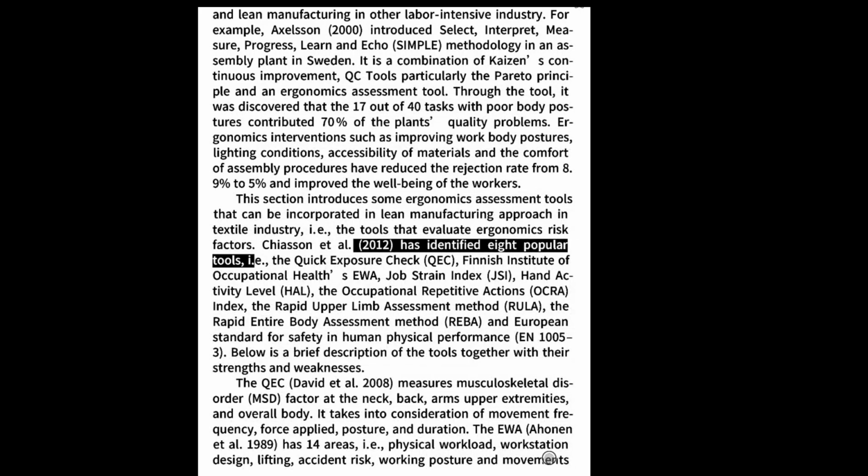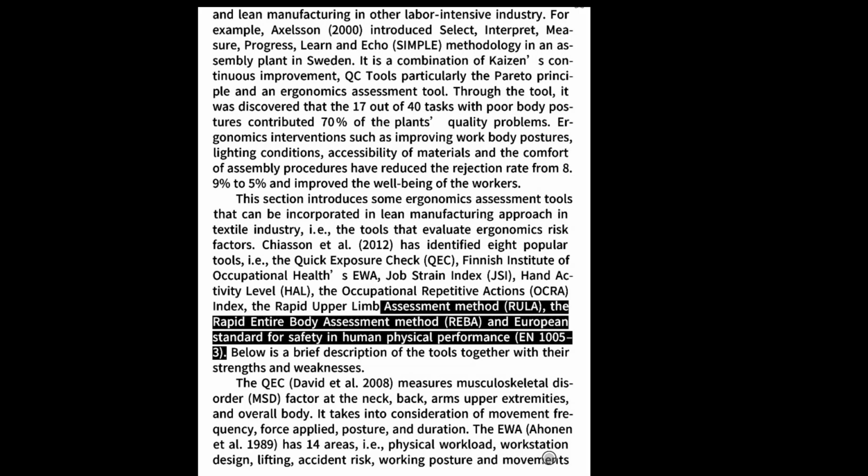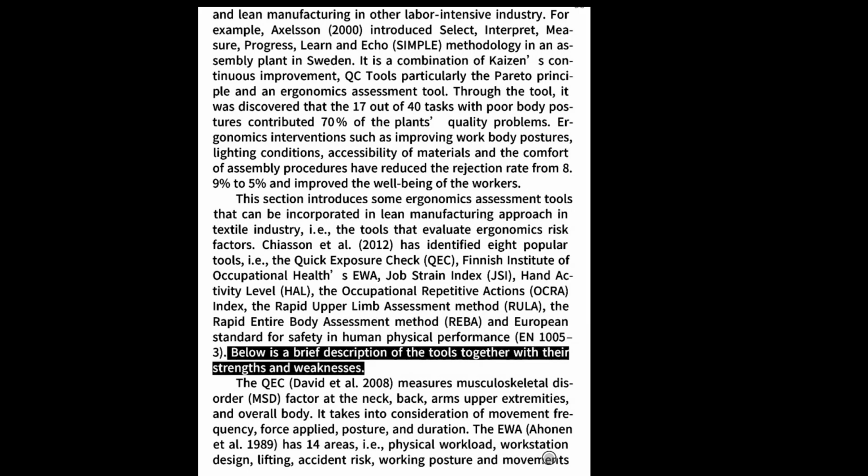Chayasan et al. 2012 has identified 8 popular tools, i.e., the Quick Exposure Check, QEC, Finnish Institute of Occupational Health EWA, Job Strain Index, JSI, Hand Activity Level, HAL, the Occupational Repetitive Action, OCRA, Index, the Rapid Upper Limb Assessment Method, RULA, the Rapid Entire Body Assessment Method, REBA, and European Standard for Safety in Human Physical Performance, EN 1005-3. Below is a brief description of the tools together with their strengths and weaknesses.